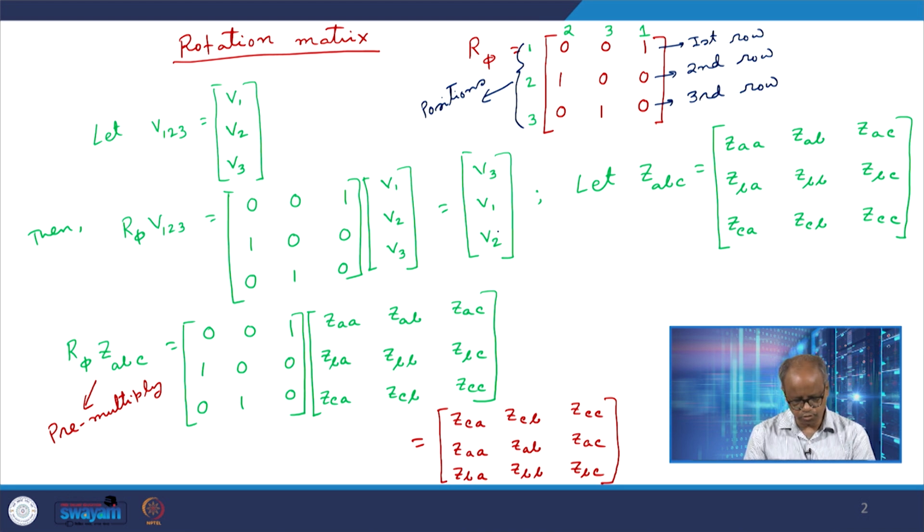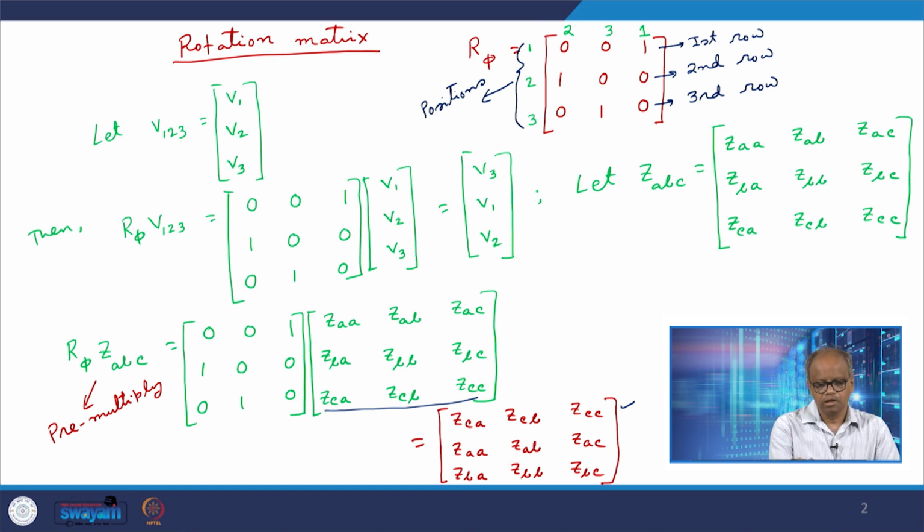Similarly, when we pre-multiply this matrix with a 3 cross 3 impedance matrix, the third row comes to the first position, the first row comes to the second position, and the second row comes to the third position. With this, let us proceed forward.